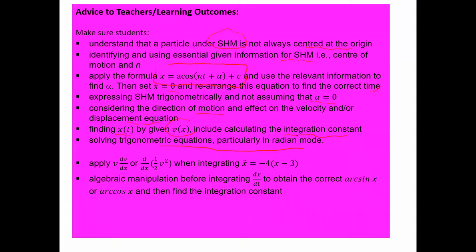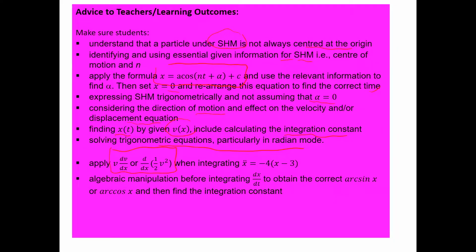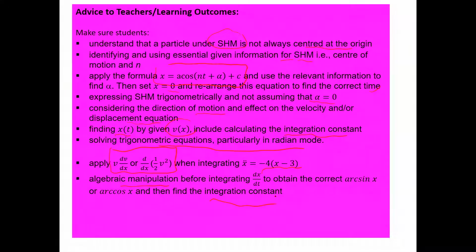Make sure that students can solve trig equations in radian mode. Use acceleration as v dv/dx or d/dx of half v squared when integrating in terms of x. Do algebraic manipulation before integrating dx to dt to obtain the correct answer in terms of arc sine or arc cos, and don't forget the integration constant.